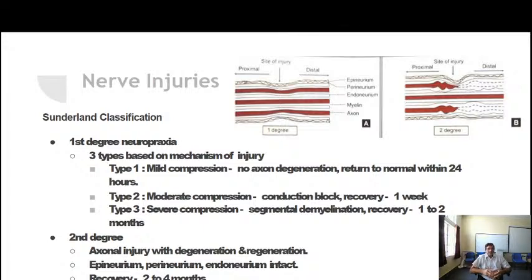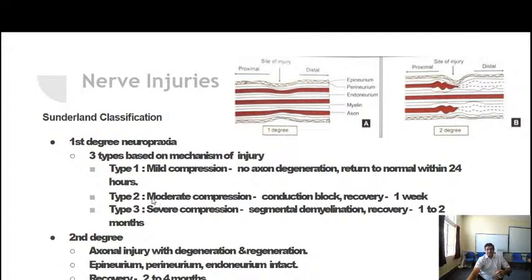The first degree is neuropraxia. Neuropraxia, initially, as we have discussed, there is the epineurium, the perineurium, and endoneurium. Okay. Now, in the first degree of neuropraxia, there is mild compression, there is no axon degeneration, and usually this is a small indentation, so this will recover within 24 hours.